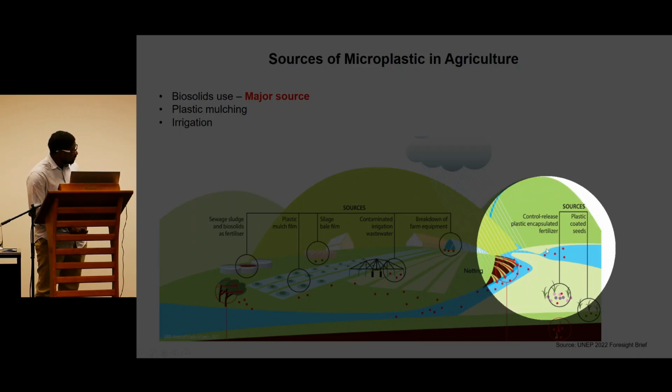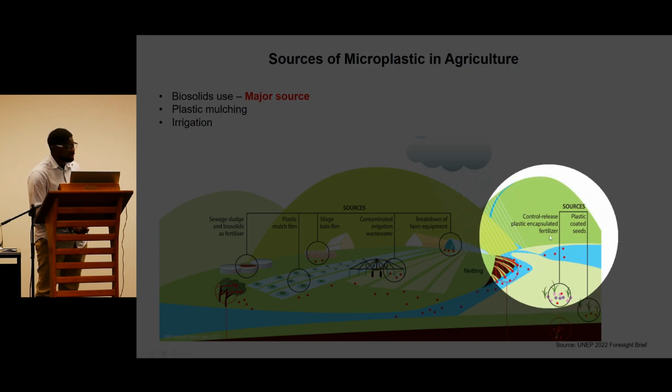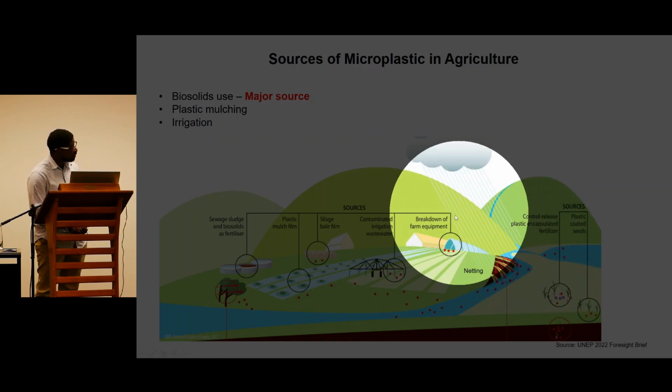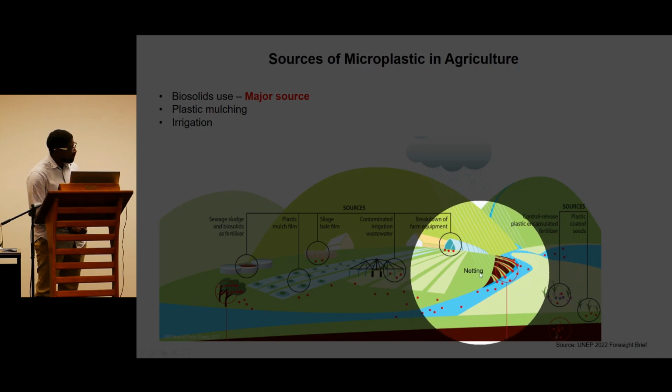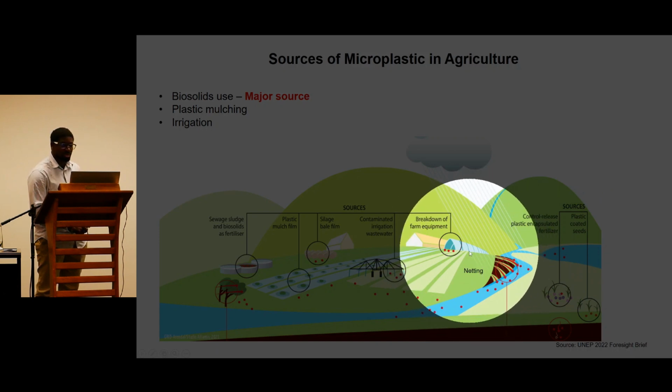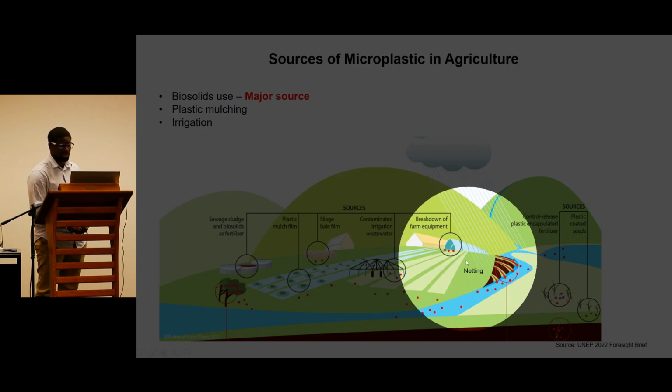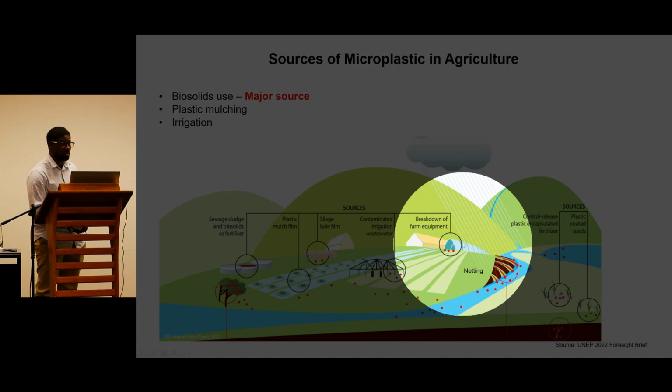And the intention is to use the plastics to aid in bettering the farm activities. So for example, the netting is basically covering the crops with plastic nets to protect it from birds, diseases, as well as insects. But after use, they become waste. They break apart and become part of the soil. That is how microplastics is formed.